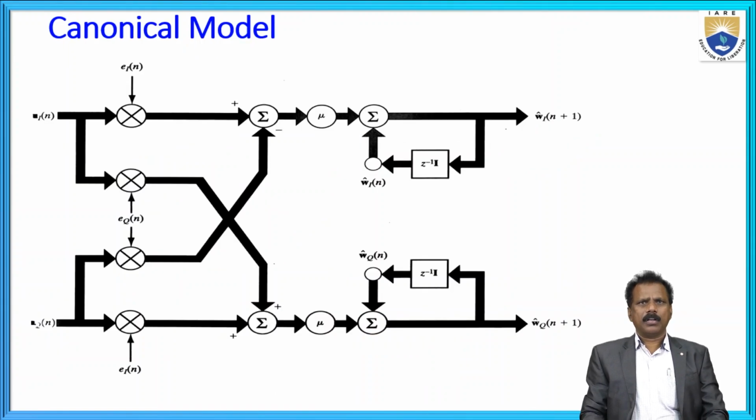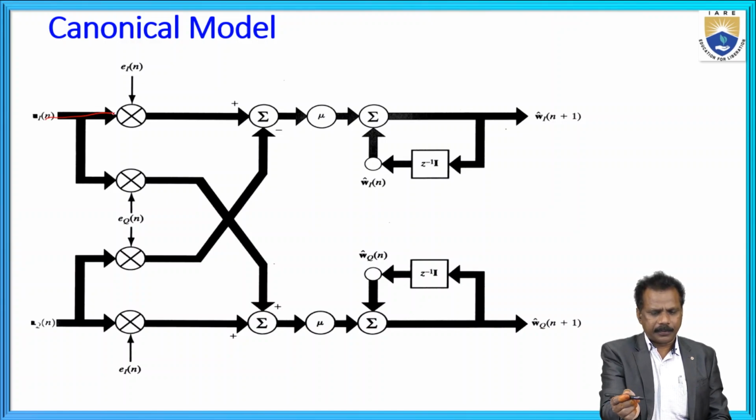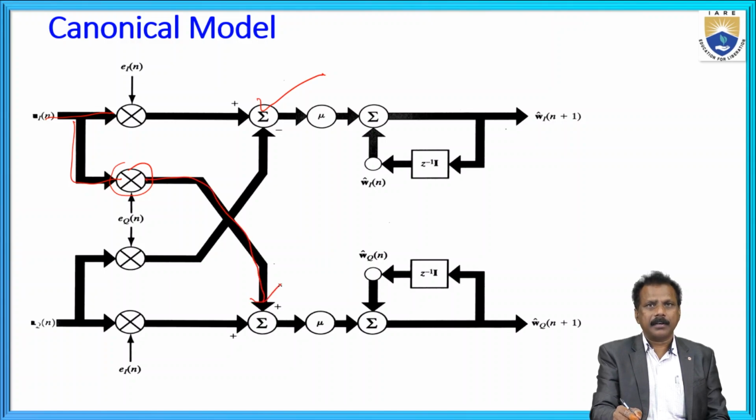The canonical model: u of n we can use this way. It is fed, you can write observed here. Here that u of n is given to this one, so the outcome of this is fed to this one.